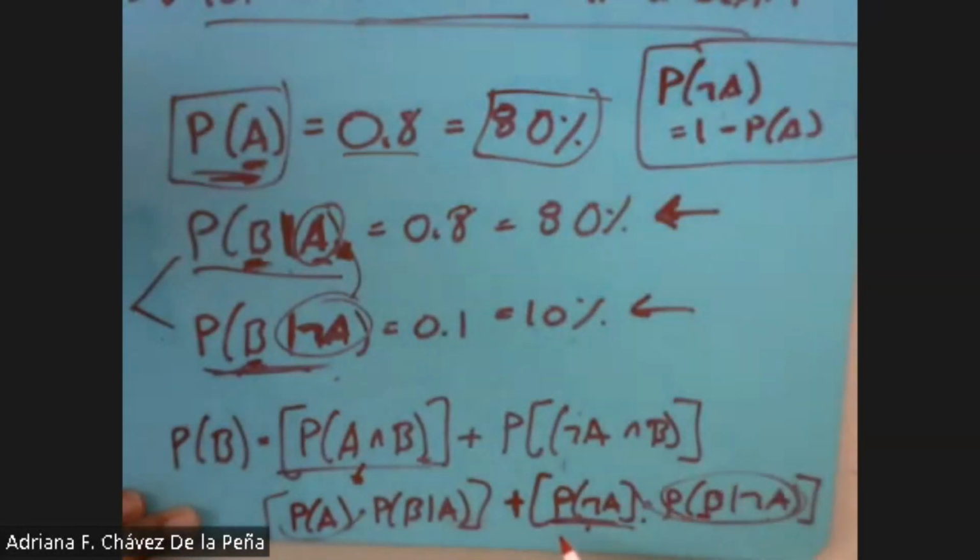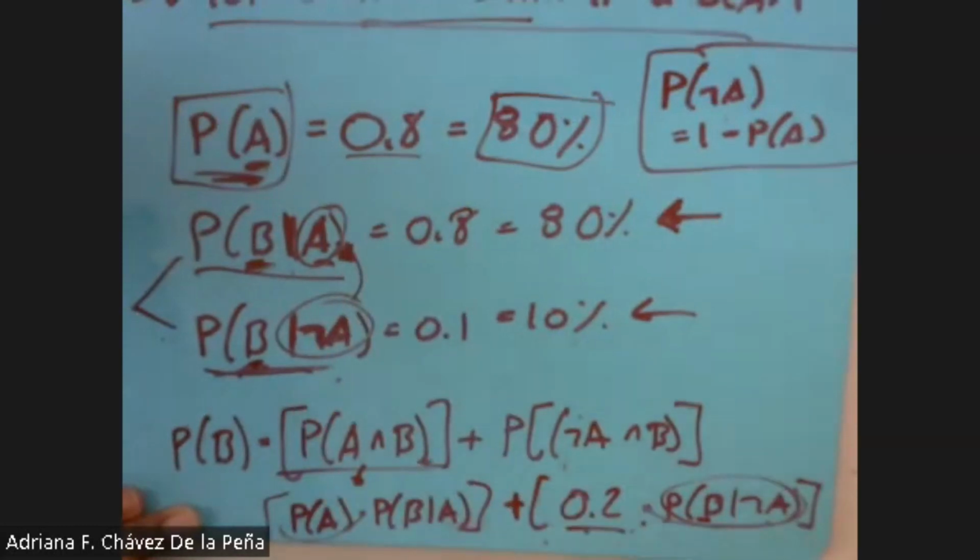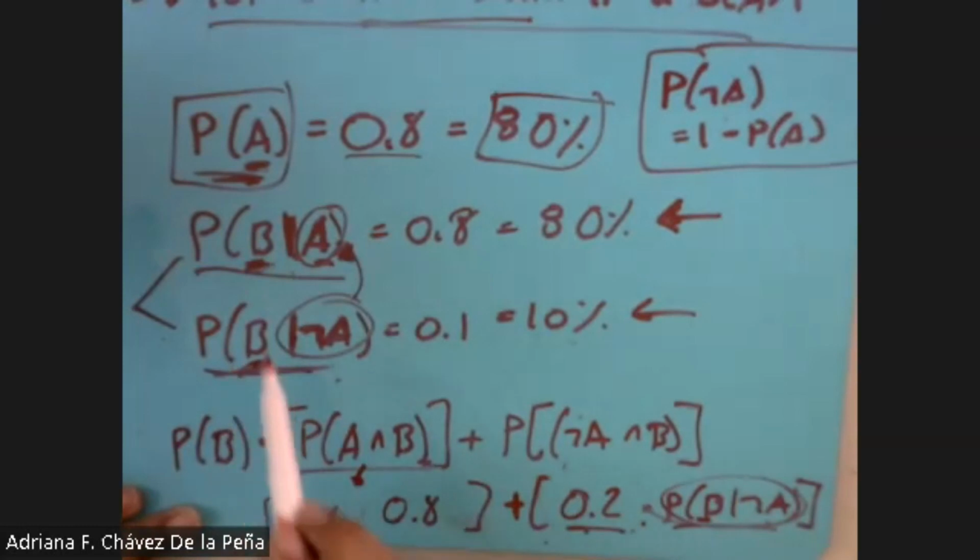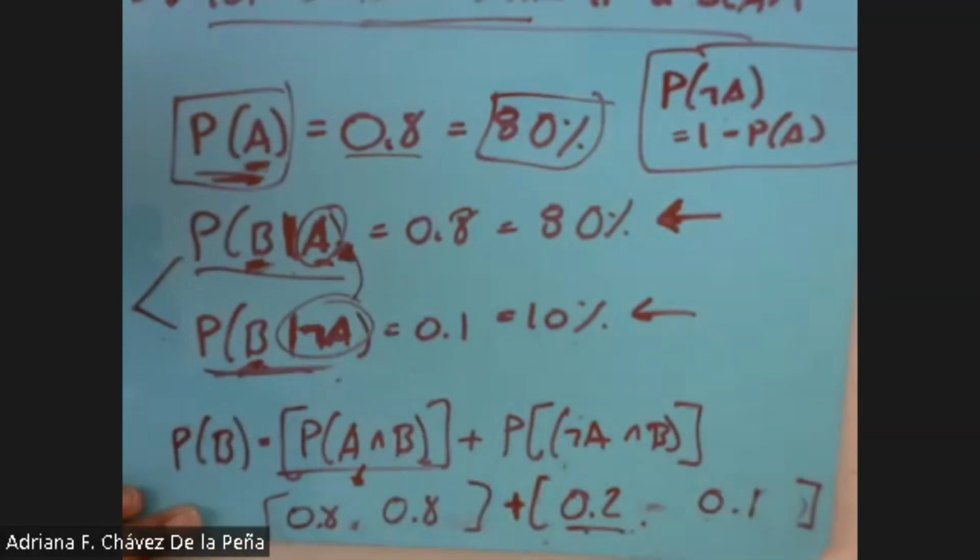So I can substitute this value here easily as 1 minus 0.8, 0.2, and this one is much more direct, so P of A I already have. Then we can substitute these two conditional probabilities that I am given as part of the setup. So here I have P of B given A and P of B given not A, right? And then I know that I have to multiply them because that's how we compute joint probabilities.